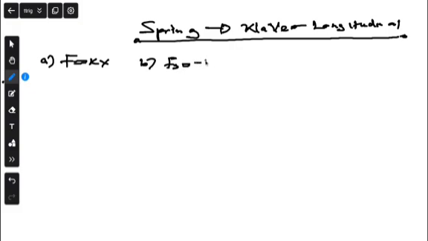The second one is the force when it comes to Newton's second law of motion. Then, after doing the assumption, we have found that the maximum acceleration is equal to negative k divided by m, which is the mass, multiplied by the extension.